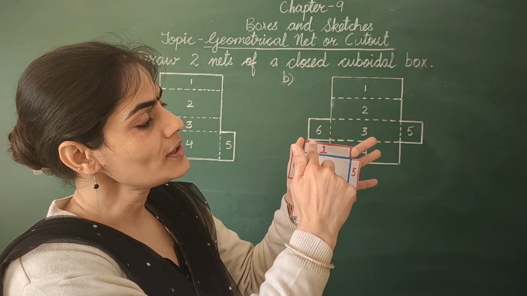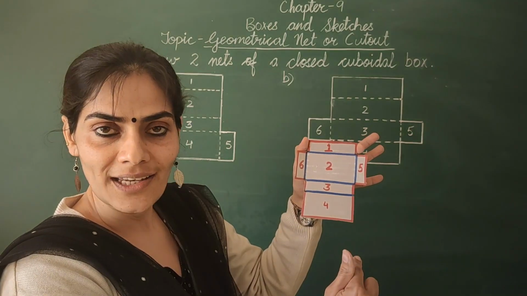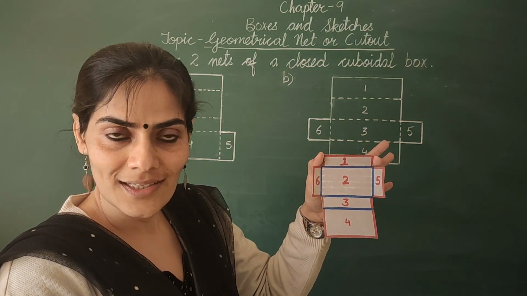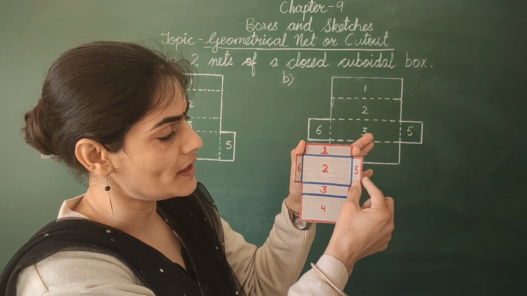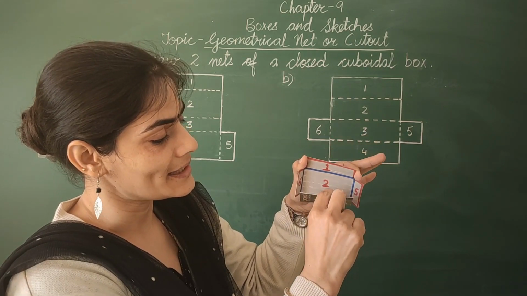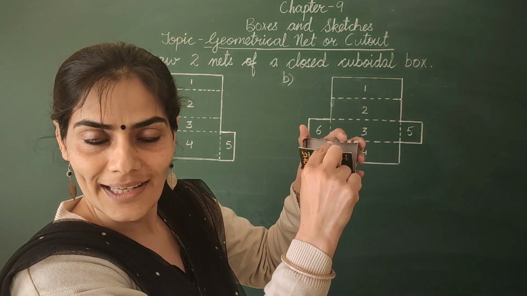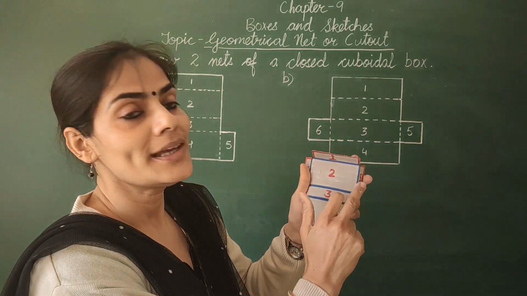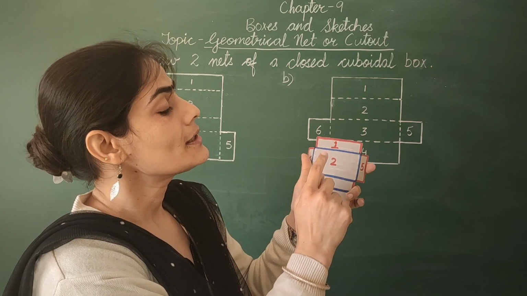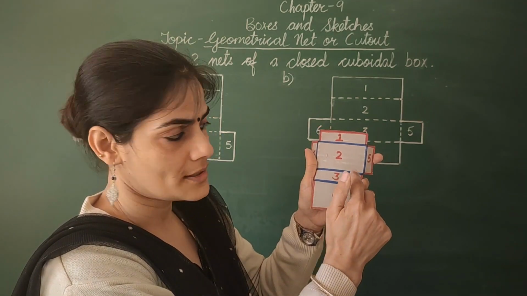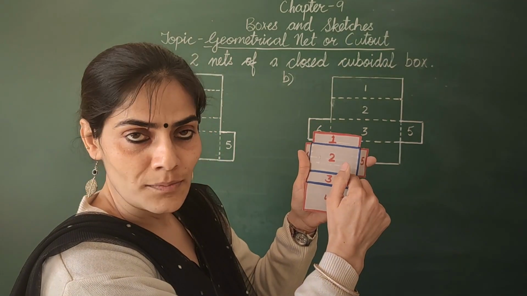Now, these red lines are defining the boundary of the net, and these blue lines are the lines at which these faces fold like this, like this. Clear, everyone?